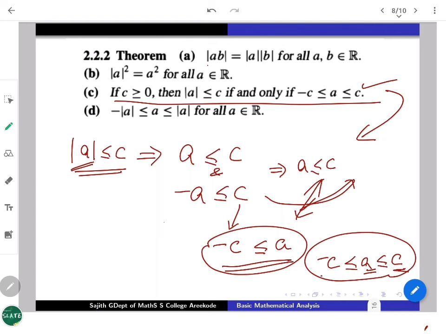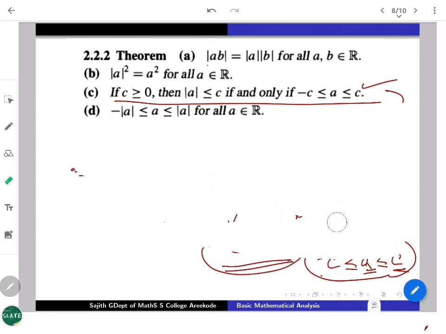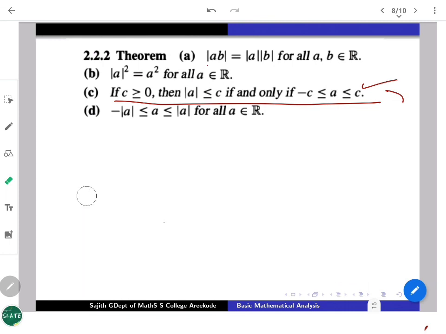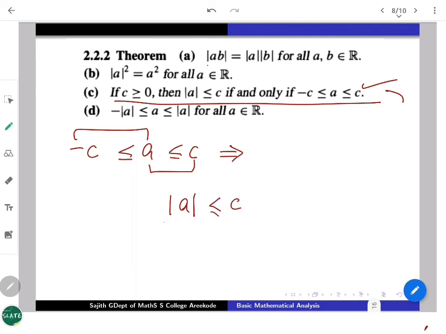The converse is also almost clear, because once you are assuming that A is in between minus C and C, that is, minus C less than or equal to A less than or equal to C, then that is again A less than or equal to C in one part, and minus C less than or equal to A. As before, if you scrutinize what we have done, we can argue that together these imply the condition on modulus A, which is less than or equal to C. So both sides are equivalent.